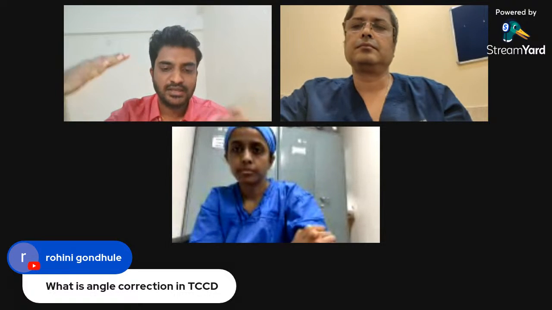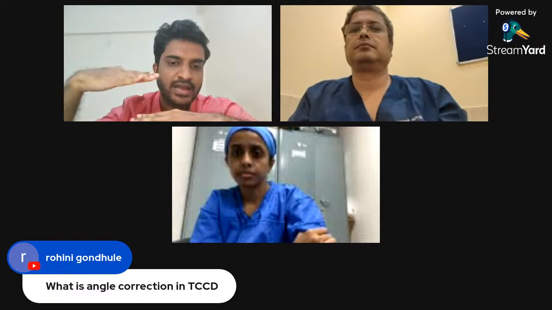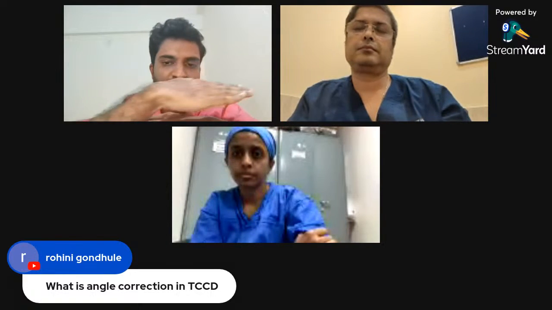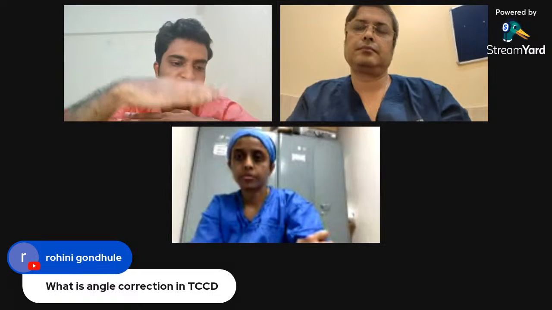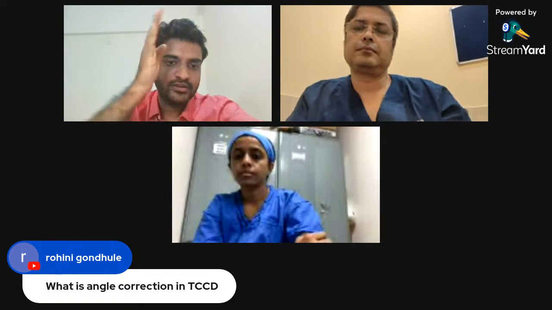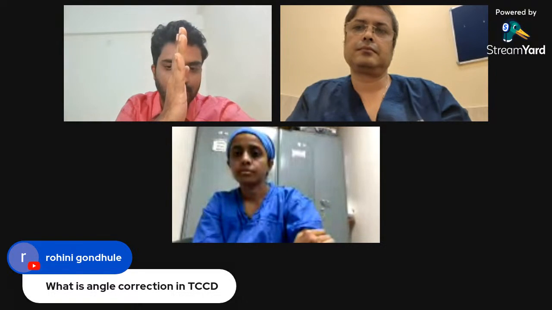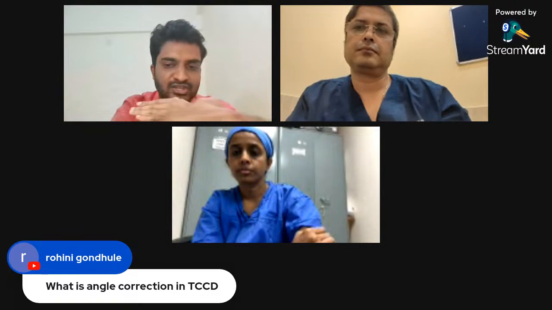Suppose this is your vessel and your angle is this. So you keep the cursor parallel to the vessel. And suppose this is your vessel and your cursor is like this. Then this is absolutely a direction which is not in the direction of the flow.